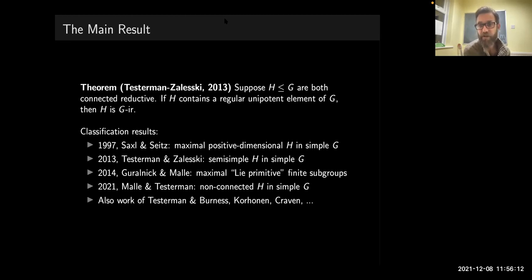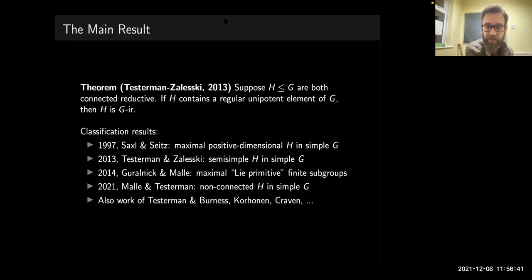In characteristic 0, every unipotent element in G can be put inside a little SL2. So there'll be lots of little SL2 subgroups containing regular unipotent elements, and they will all be irreducible as well. So there are lots of examples in nature, and you can classify them if you want. Since Testerman and Zalesski wrote this down, there've been various extensions.